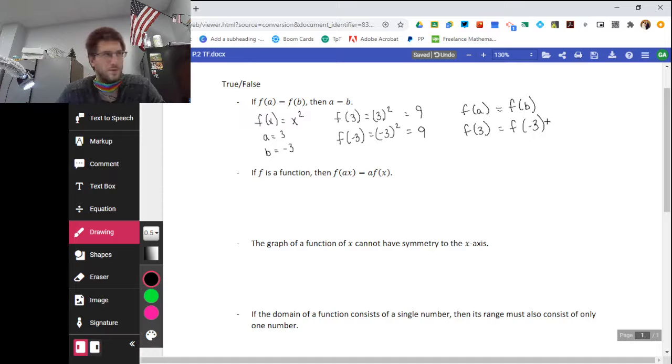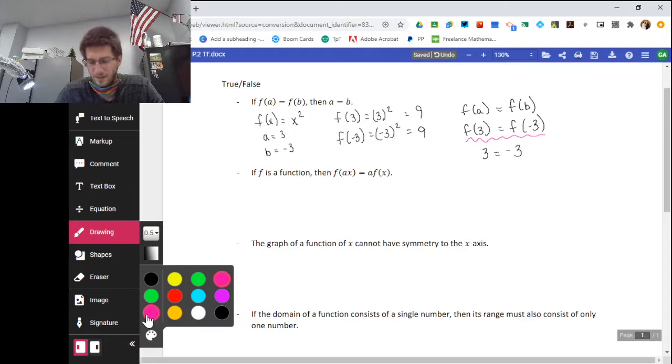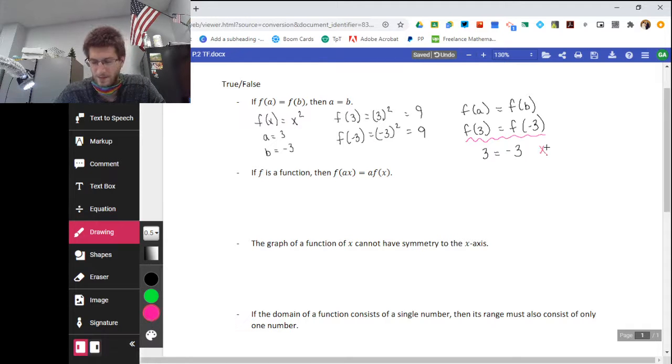So what this true and false statement says is if this is true, then a must equal b. Which we can clearly see is not the case. Even though f of 3 equals f of negative 3, 3 does not equal negative 3. Therefore, this first one is going to be false, and we have this counterexample to prove it.